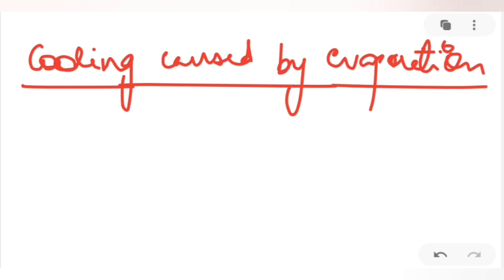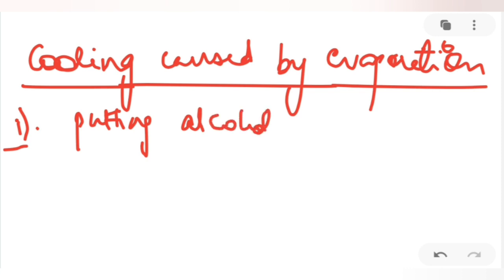Okay, first example: putting alcohol on hand. When you put alcohol or some ether or spirit on the back side of your hand, you feel very cool and comfortable for a short amount of time.